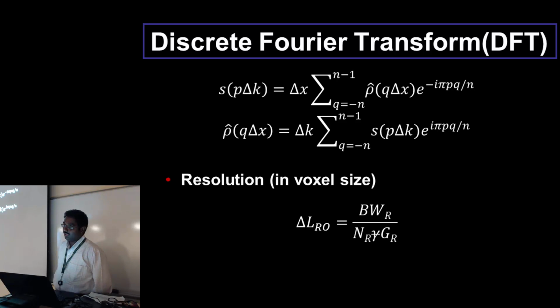So delta L is your delta x, which is your spatial resolution in your read direction. The expression is given here, which again is a consequence of all the relations between delta k and L and n. So if you're sampling n number of points, your delta x becomes L divided by n, L being your field of view, n being your number of data points. So L divided by n is your delta x or delta L, your resolution along the read direction, or phase encoding for that matter. That relationship remains.